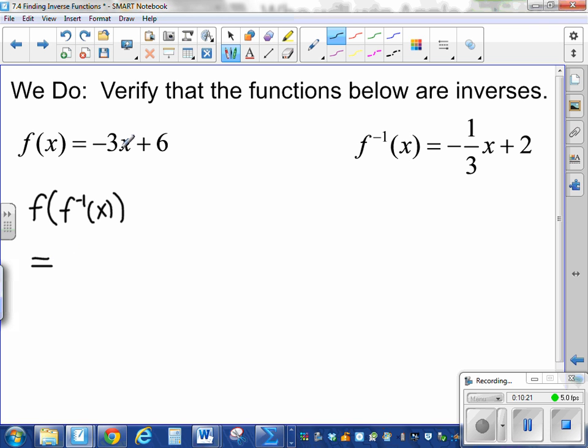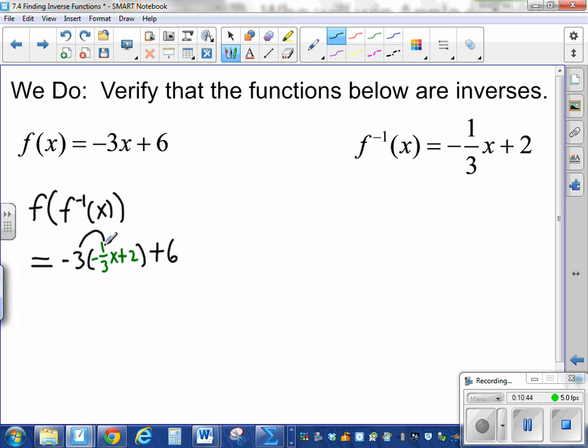All right, so let's see here. You're going to write your f function, so it's going to be a negative 3 blank spot plus a 6. Inside of the blank spot goes your inverse function, which is negative 1/3 x plus 2. That was our other function, went inside of this function.